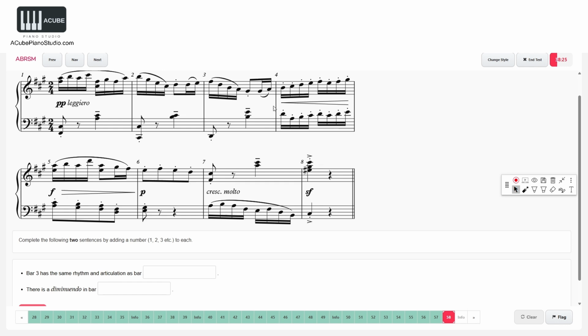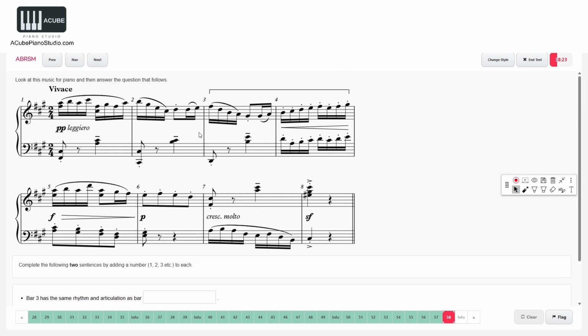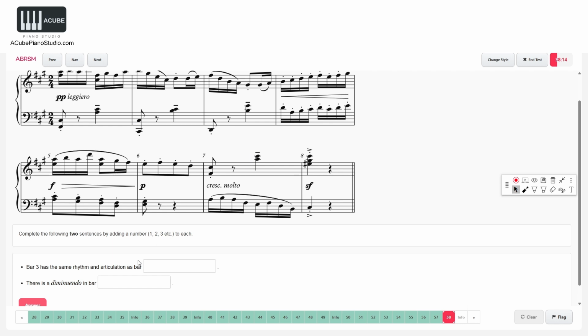This is bar 2, right? Okay, this one doesn't have the same articulation, although the right hand has the same rhythm, but the left hand has a totally different rhythm. So it is bar 2. So the answer for this one, bar 3 has the same rhythm as bar 2.